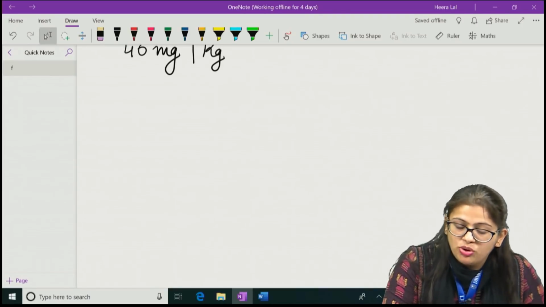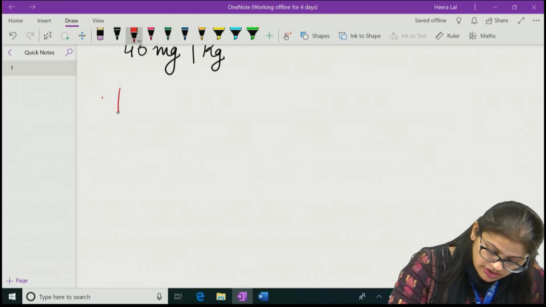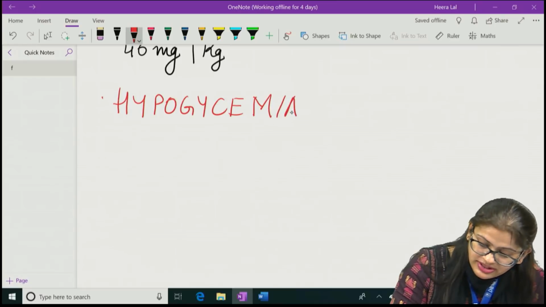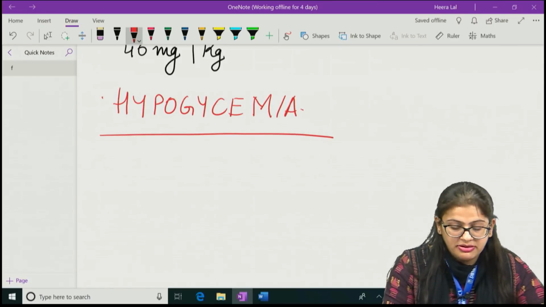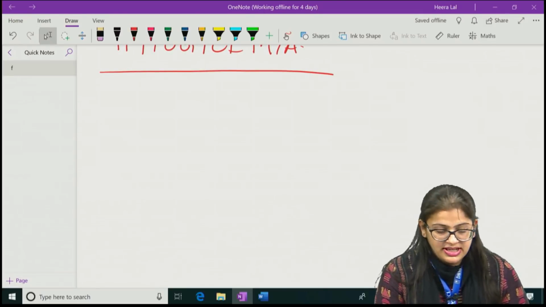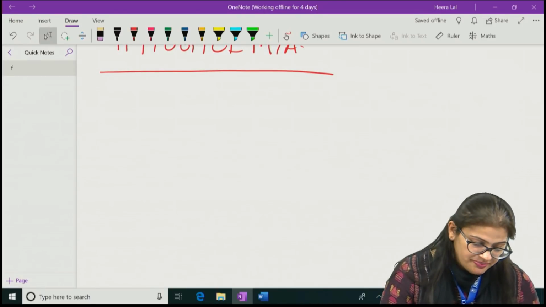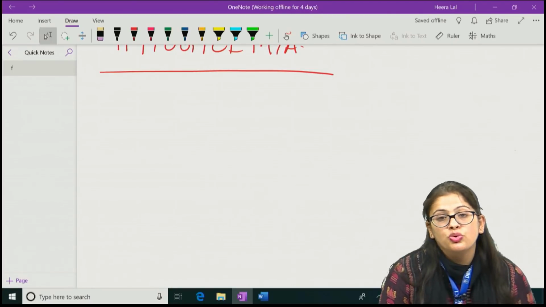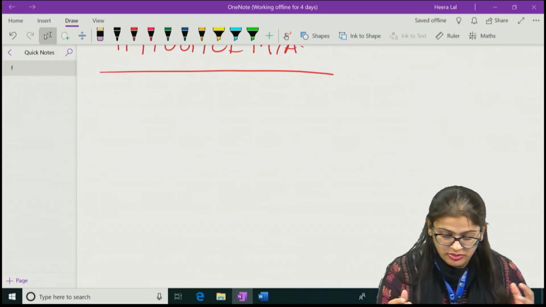Hypoglycemia is another metabolic cause of seizure, and it is most commonly seen in infants of diabetic mothers. It is defined with a blood sugar level of less than 30 milligram per deciliter, and onset is usually within 1 to 2 hours of age and is most often seen in children who are macrosomic.